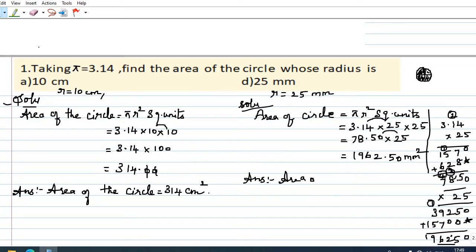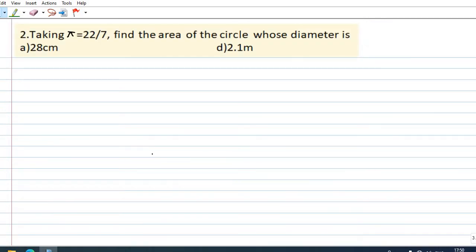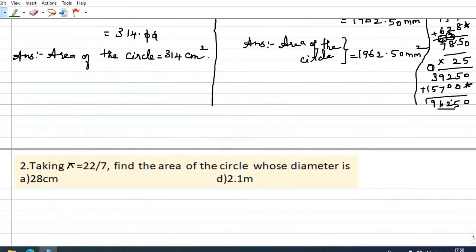Area of the circle is equal to 1962.50 millimeter square. So these are the rough columns. We have to do it in this sum. Next I will move on to the next sum. Can you clear this children?